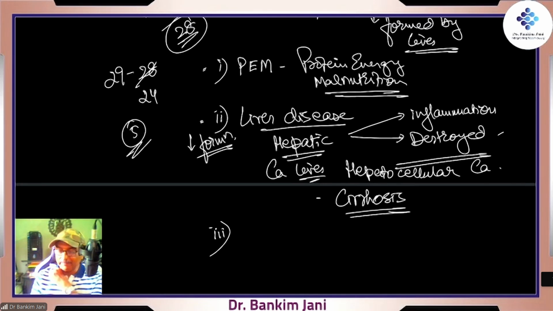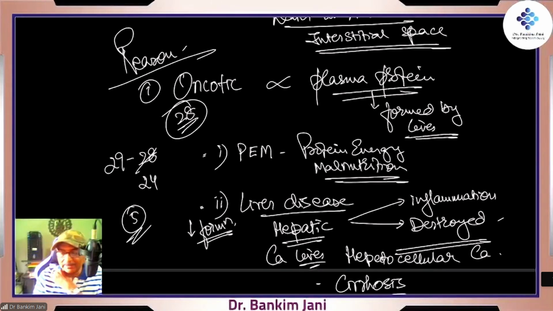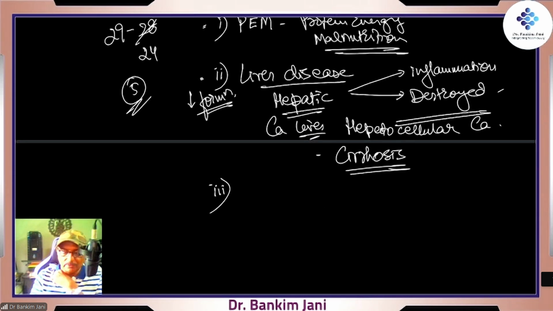Liver is producing the plasma protein. See over here, oncotic pressure, right? Plasma protein, this is formed by liver. If the liver is bimar, then there would be less production of plasma protein. Done. The entire sequence starts because there is less oncotic pressure. Easy.